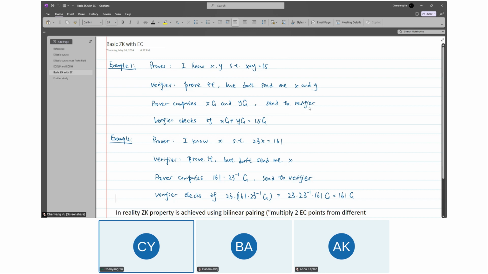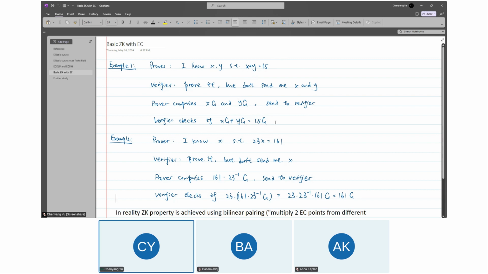The verifier checks xG plus yG equals 15G. As long as this equation holds, we have x plus y equals 15, but the verifier does not know the value of x or y because of the hardness assumption of ECDLP, okay?